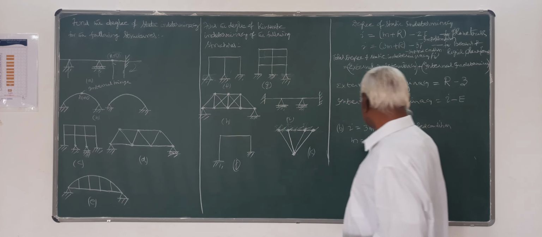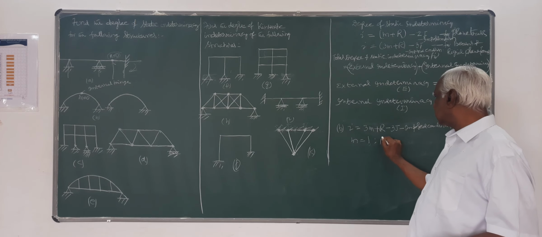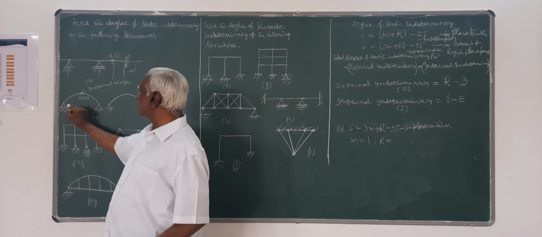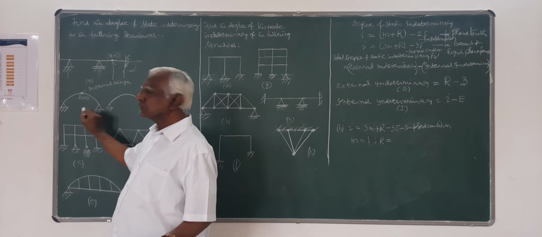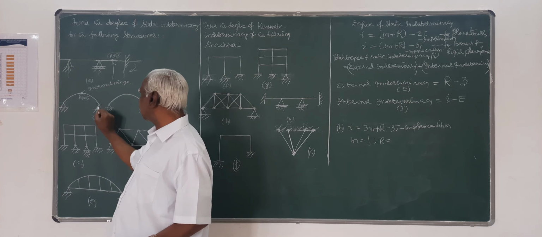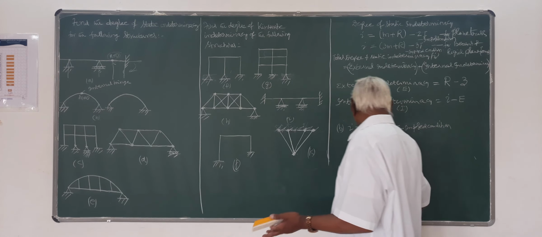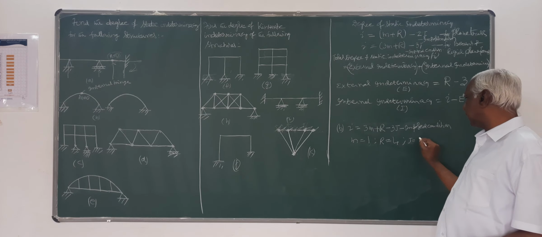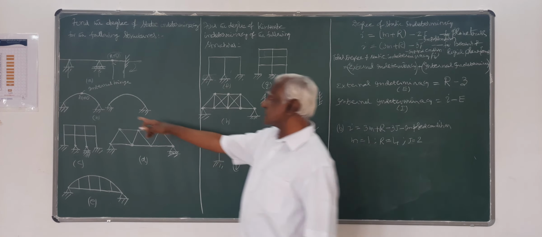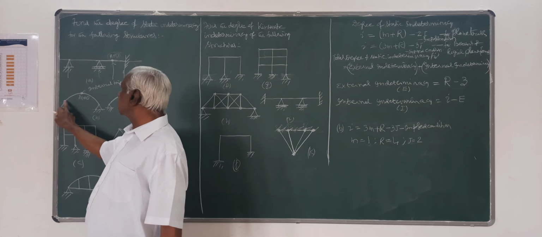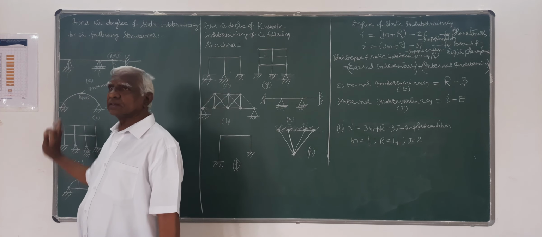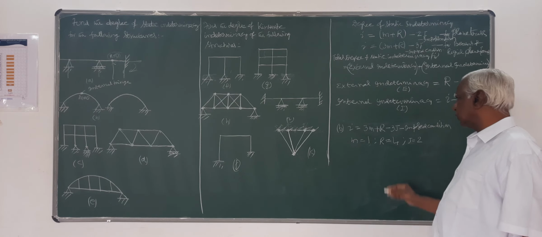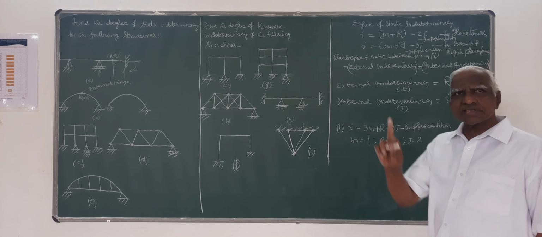So m is equal to 1, r is the total number of unknown support reactions. Here both are hinges, so 2 reactions here, 2 here, 2 plus 2, 4, and j, number of joints, is 2. Don't treat this as a joint. Only 2 joints, and the hinged joint in the middle is only an internal hinge. So j is equal to 2, and imposed condition is 1.